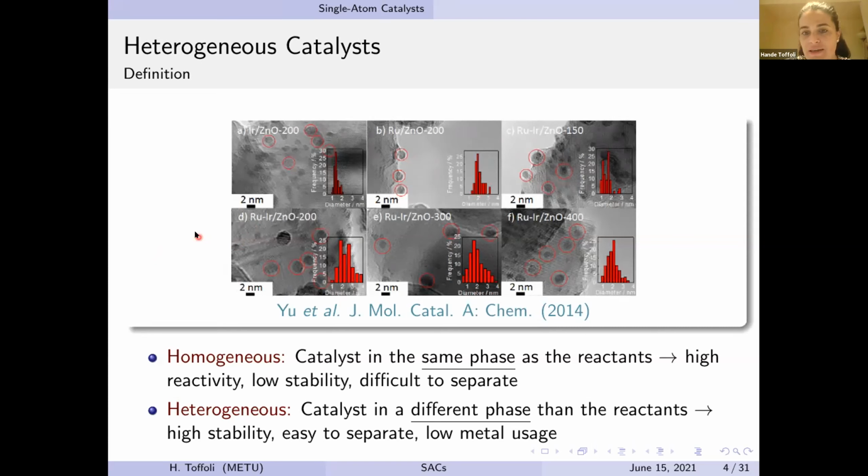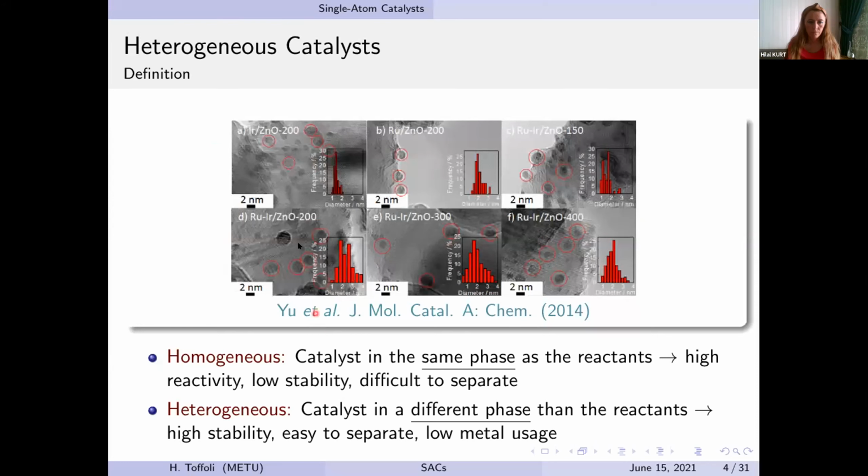Carbon monoxide and carbon dioxide, which is the resultant of this reaction, and also the oxygen that oxidizes carbon monoxide, are all in the gas phase. However, the catalyst, in the case of heterogeneous catalysis, is usually a surface or a metal cluster. And you can see one example in the picture here on my slide.